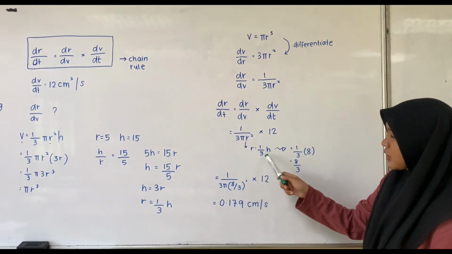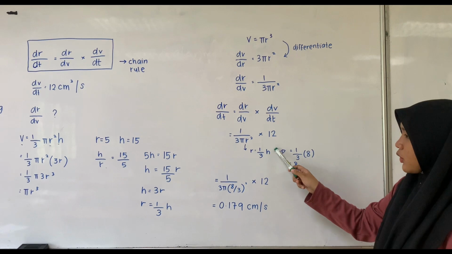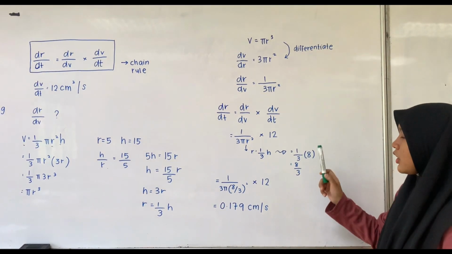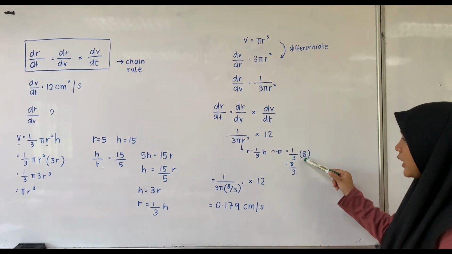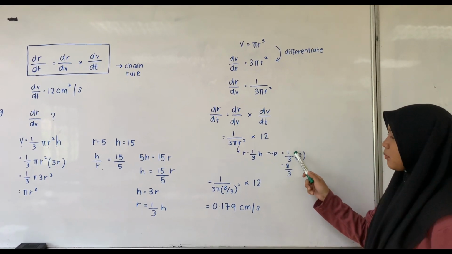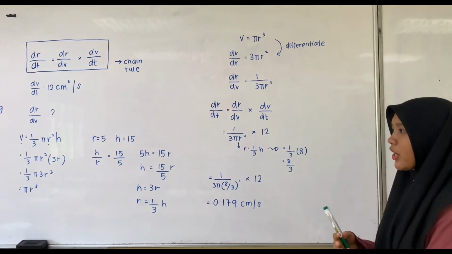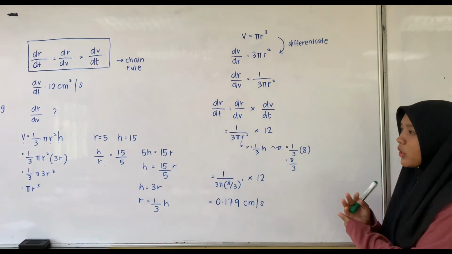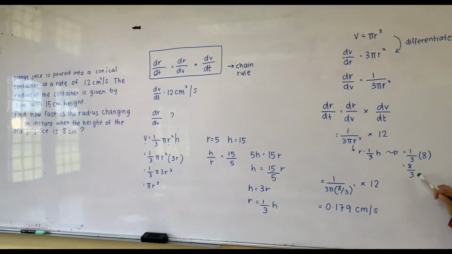So we just substitute the h that the question wants, which is 8. So 1 over 3, multiplied by 8, gives 8 over 3. This is simply because the question asks so. If the question wants 5, then you can put in 5. But now the question wants when the height is 8, so we put in 8 and get 8 over 3.